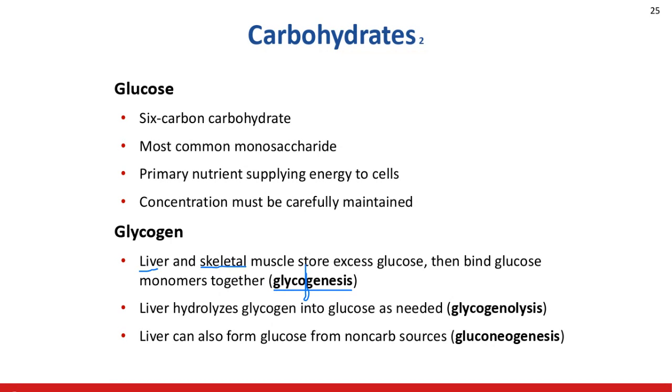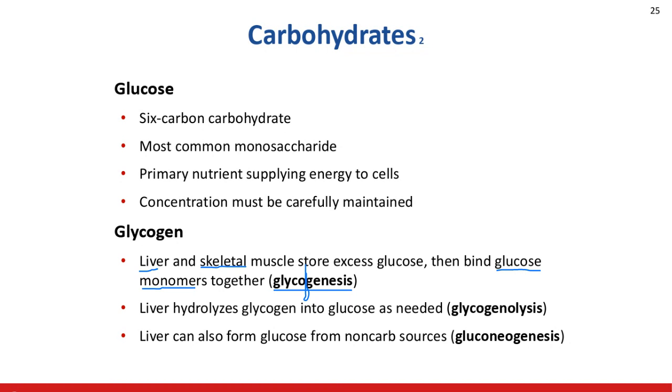I'll take one glucose molecule, attach it to a glucose molecule over here. Hey, there's another glucose molecule, I'll stick that on. Hey, there's another one. It makes this big, long string of glucose molecules. We take these individual glucose monomers and string them together, and we call that glycogenesis.